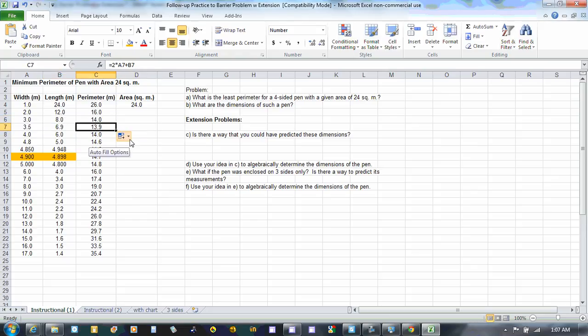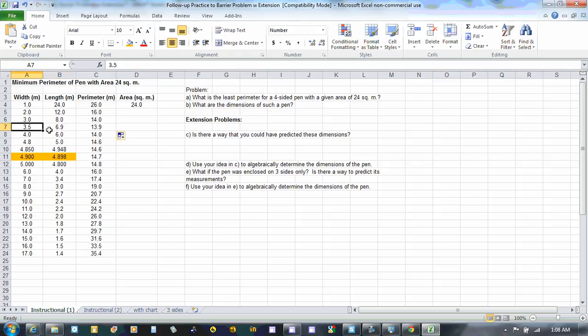And it does happen to be true. We can see it here, 13.9 is a smaller perimeter. And notice the relationship between the width and the length. The length is nearly 7 meters, which actually is double the width.